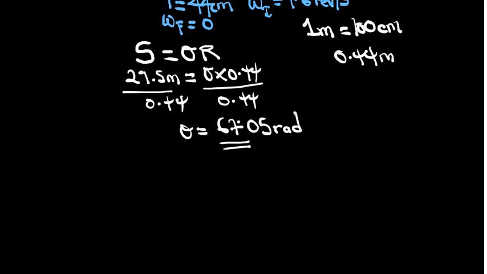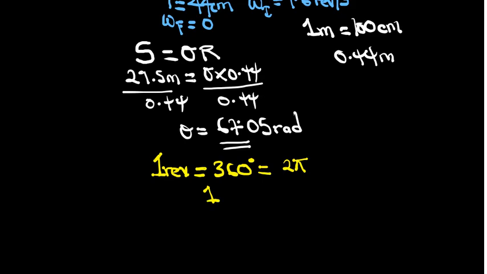We already have the value of theta, and you know that a complete revolution is made up of 360 degrees, meaning equal to 2 pi in terms of rad. So one revolution is equal to 360 degrees, and this 360 degrees is equal to 2 pi rad, because pi is equal to 180 degrees.